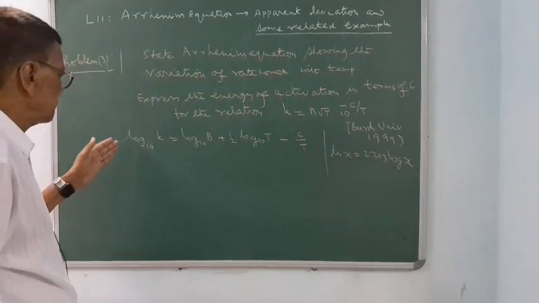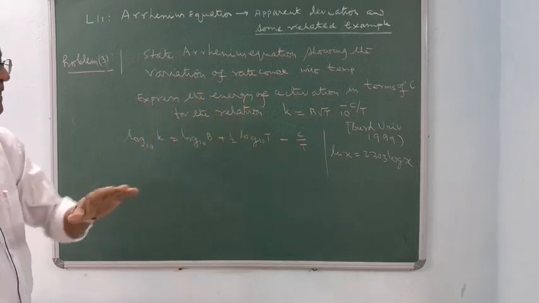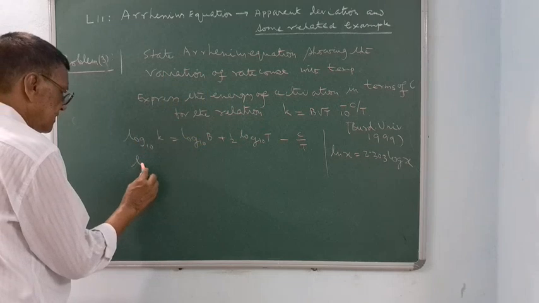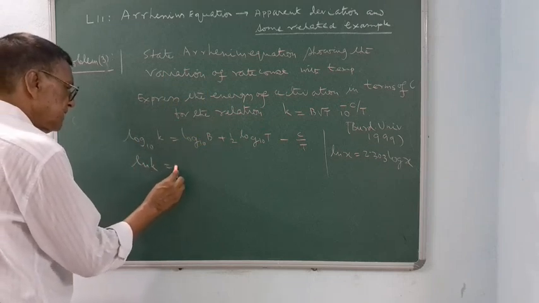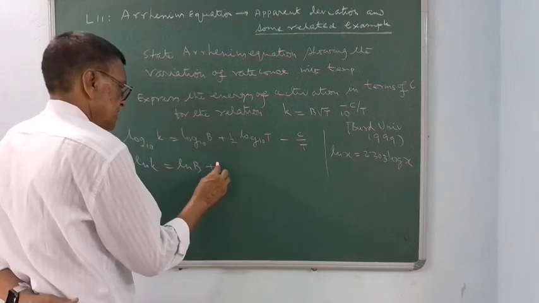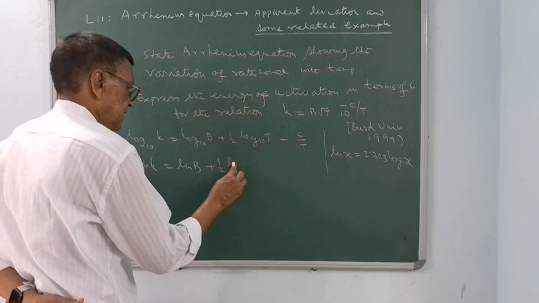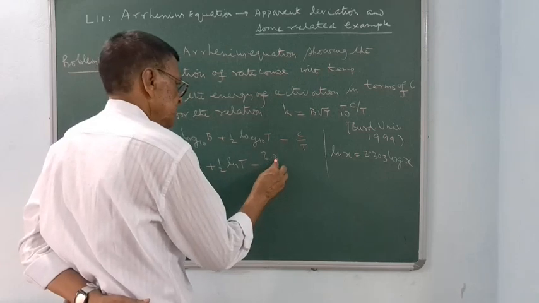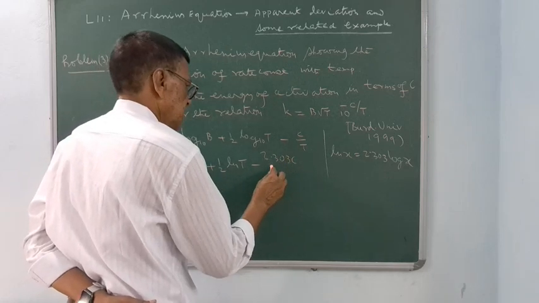So if we multiply 2.303 on both sides, it will give you ln k equal to ln B plus half ln T minus 2.303 C by T.